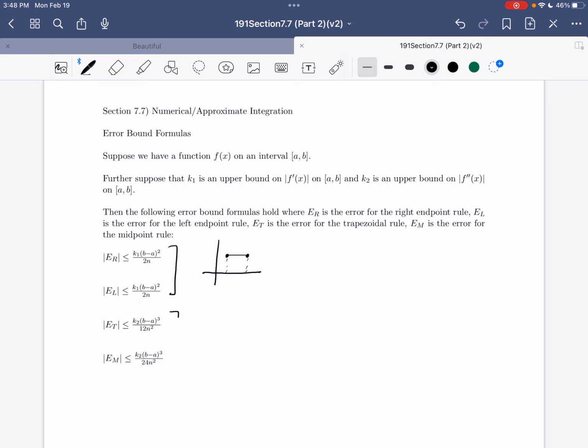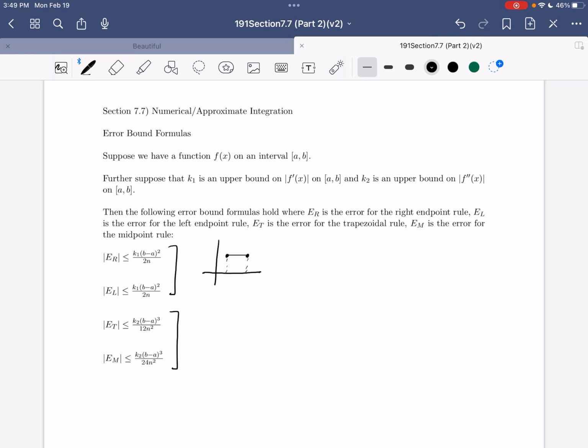Now for the midpoint rule and the trapezoidal rule, you'll notice that it's based on K2. K2 is not a measure of the slope. It's really a measure of how much concavity there is. Said another way, the trapezoidal rule and the midpoint rule are only really perfect approximations when K2 is 0, when the second derivative is 0.